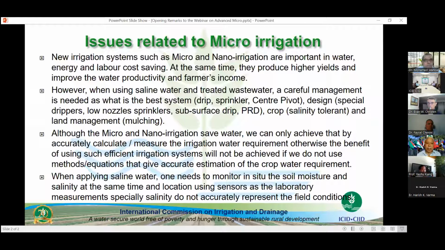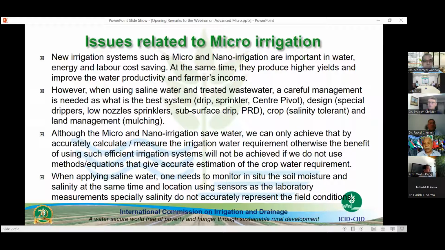Should we use low nozzle sprinklers so as not to allow salt to fall on the canopies? Should we use subsurface drip irrigation to minimize evaporation and salinity accumulation at the surface, and also to avoid wastewater getting in touch with the farmers?